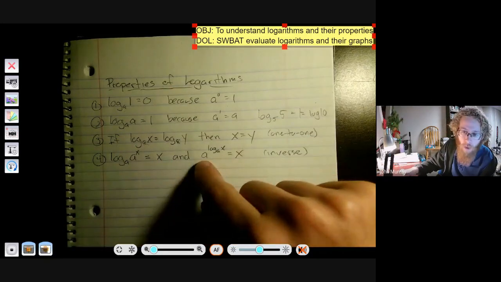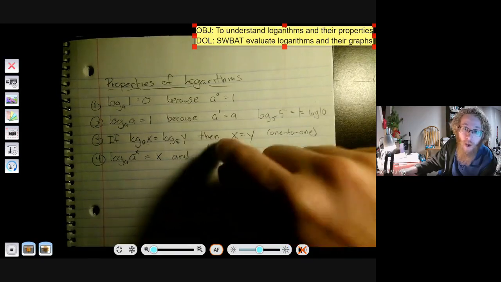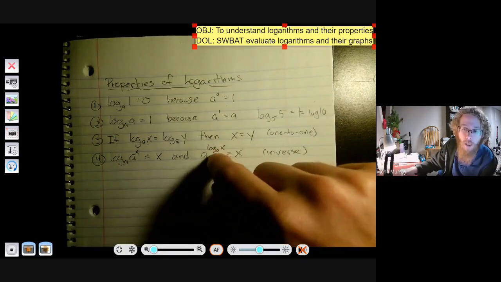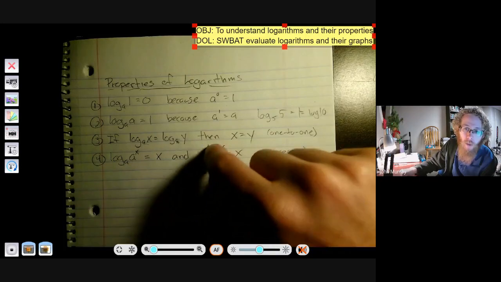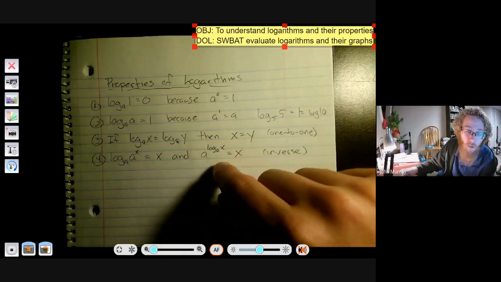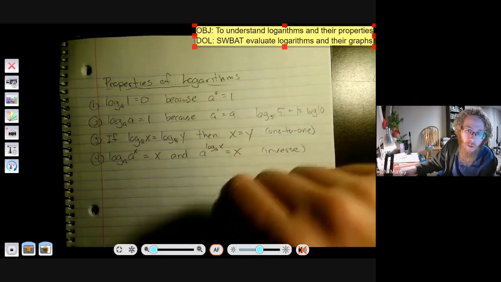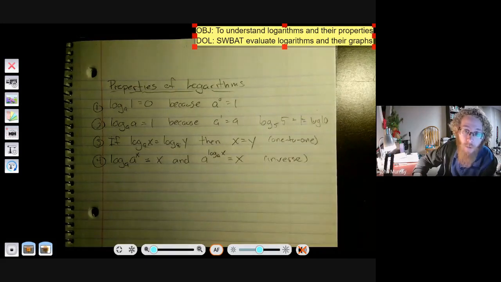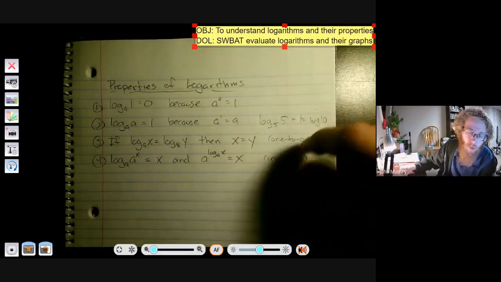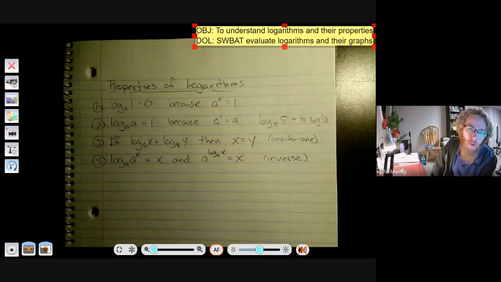And the reverse: if you have a to the power of log base a of x, those two eliminate each other, and all you'll be left with is your value of x. These two we're going to go more in depth tomorrow, so don't worry about them too much.